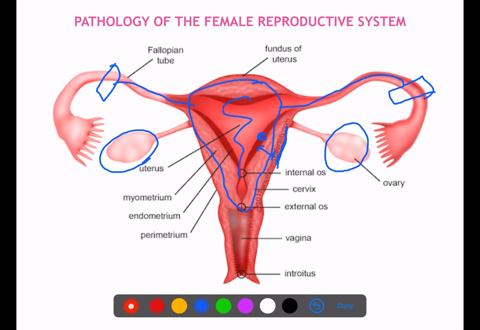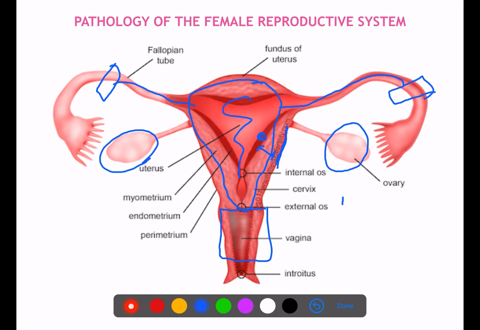And the last part is the vagina. This is a short review of the anatomical structure of the female genital system. In the pathological lesions, we will begin to talk consequently.